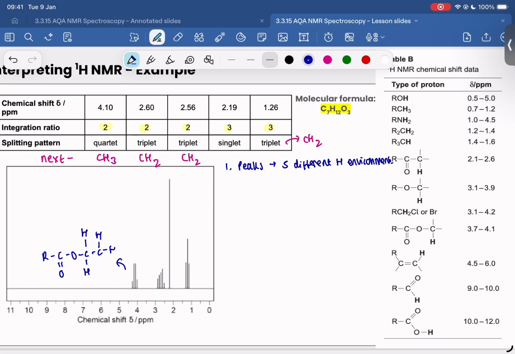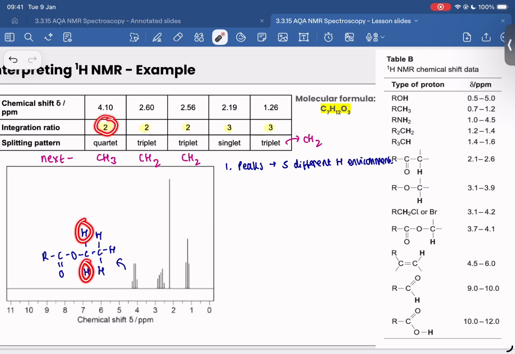So this is a CH3. That means I'm meeting the criteria of not just chemical shift value, but also the integration ratio, because there are 2 hydrogen atoms here, and the splitting pattern, because I've got a CH3 next to it. You can see how I'm breaking the question down.